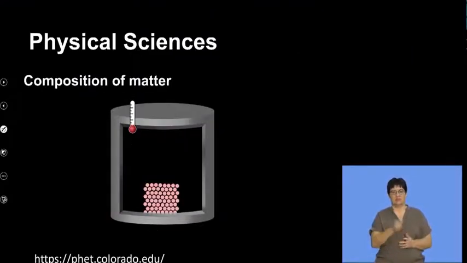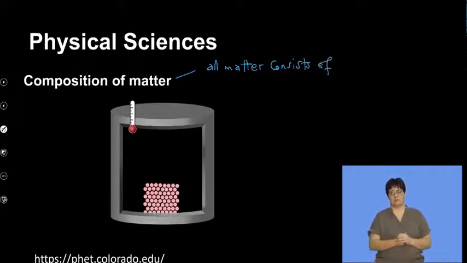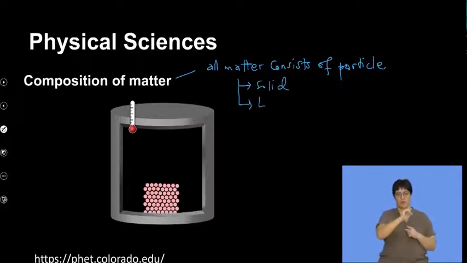Okay, so the composition is that all matter is made up of particles, okay? So all matter consists of particles, okay? That's very important. So if all matter consists of particles, and these particles, depending on how they are arranged, can either be a solid, or a liquid, okay?